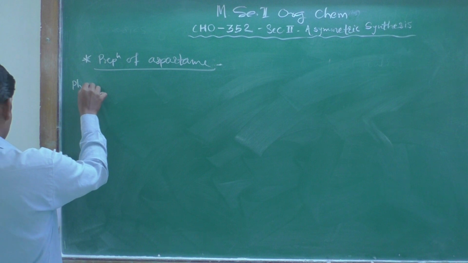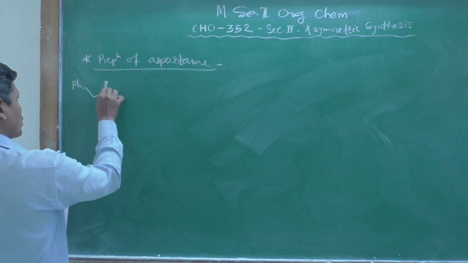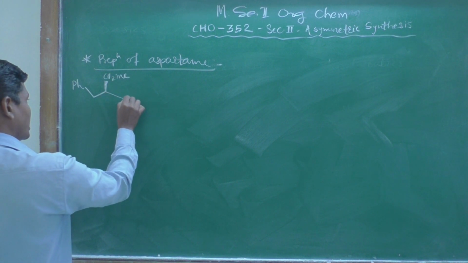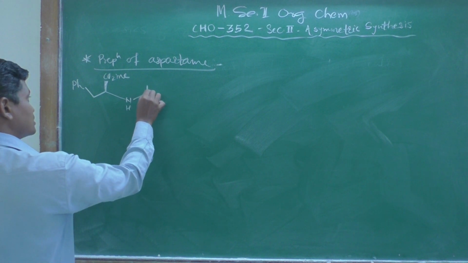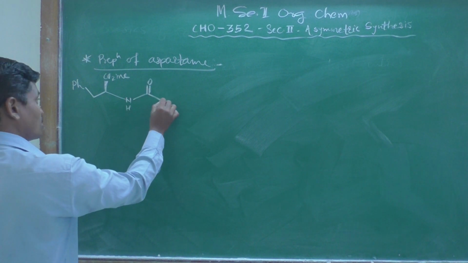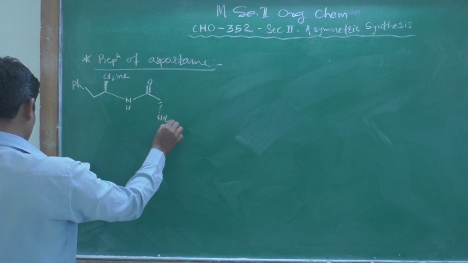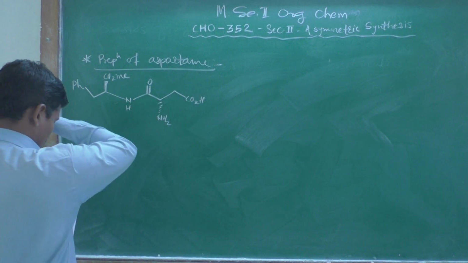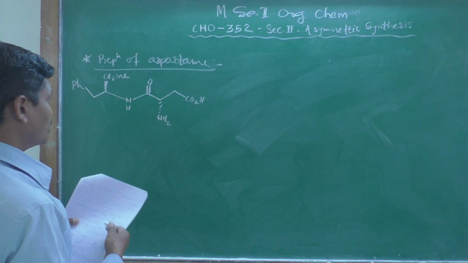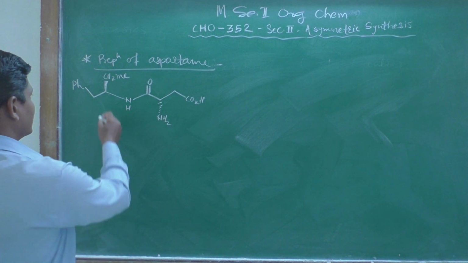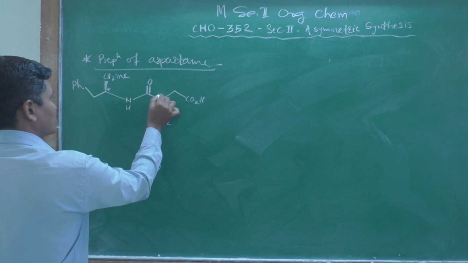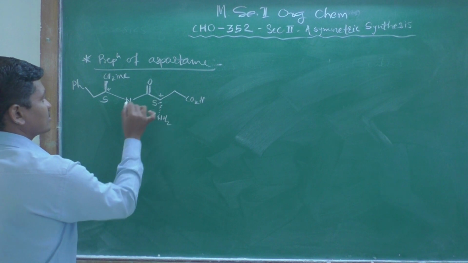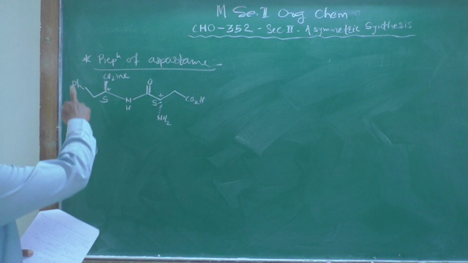The structure of aspartame is PhCH2, CO2Me, so this ester is there, NH, CO, NH2, CH2CO2H. There are actually 2 chiral centers, this one and this one. Both have S configuration. So this is the structure of the aspartame molecule.